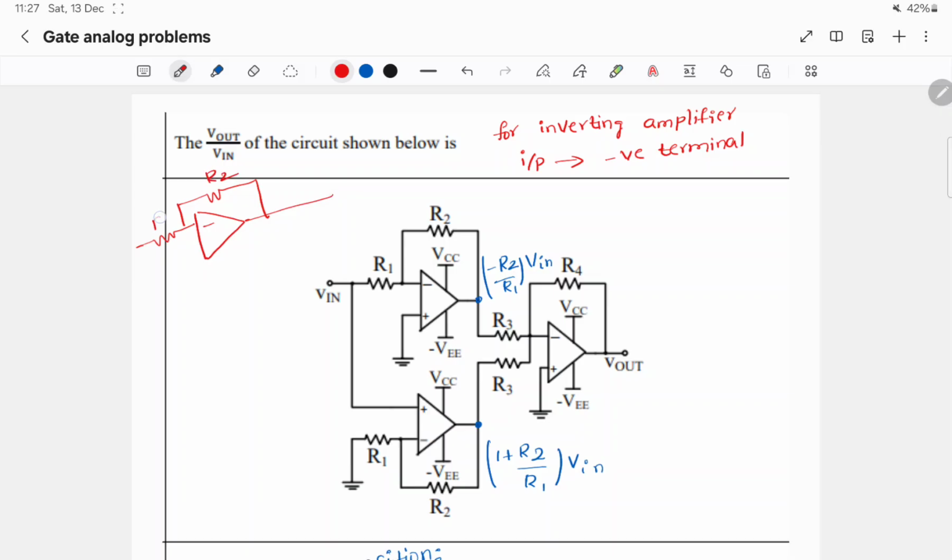Let us say this is R2 and this is R1, this is Vn, this is V0. This will be grounded because of the virtual short, and the current flowing will be Vn by R1.